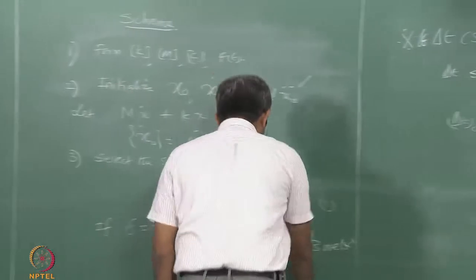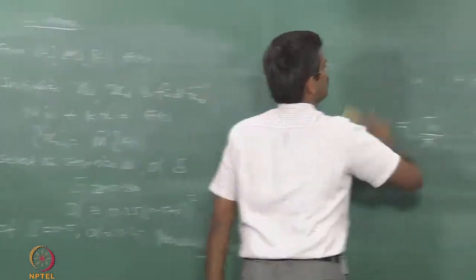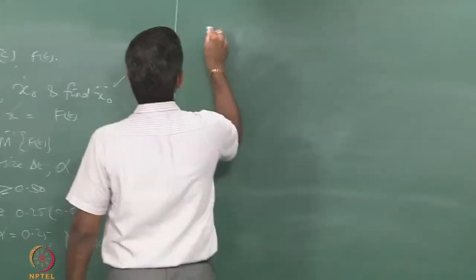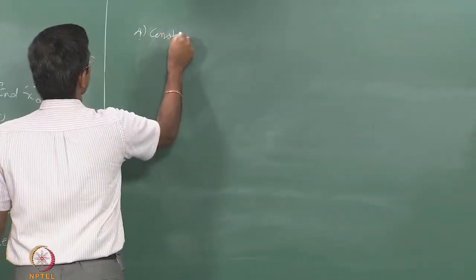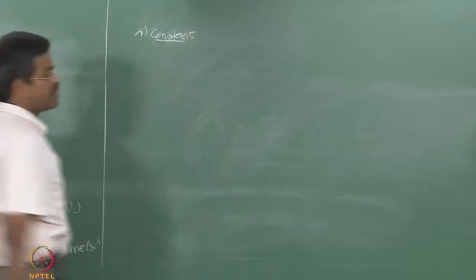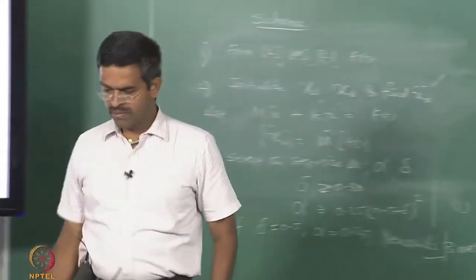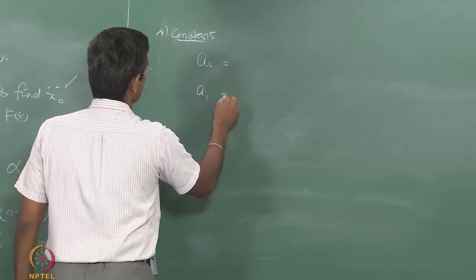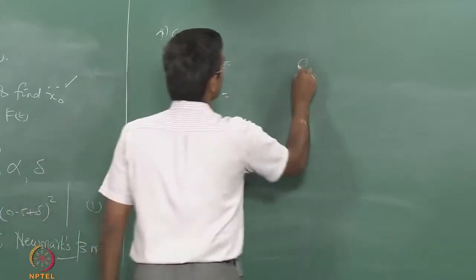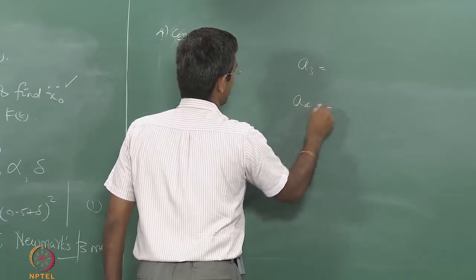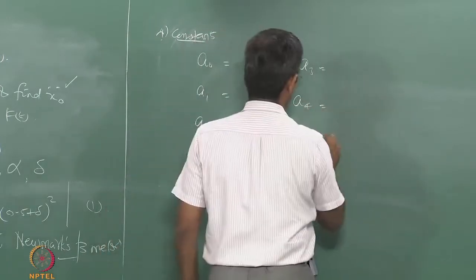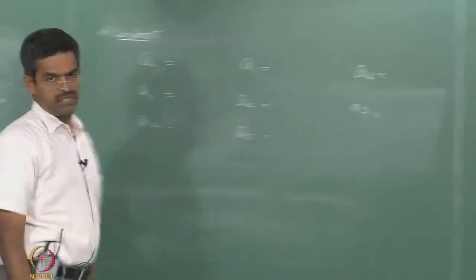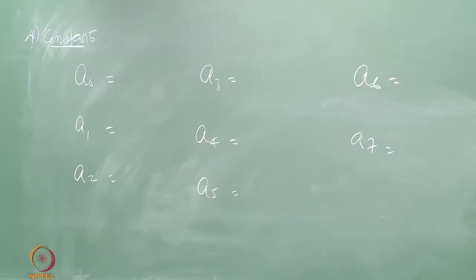Then there are some constants required to operate the scheme. Let us see what those constants are. They call them integration constants: A0, A1, A2, A3, A4, A5, A6, A7, 8 constants are there.